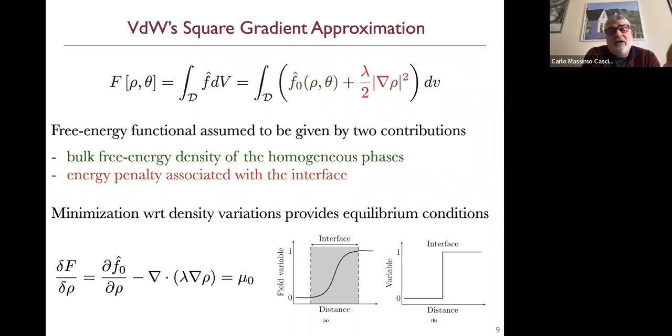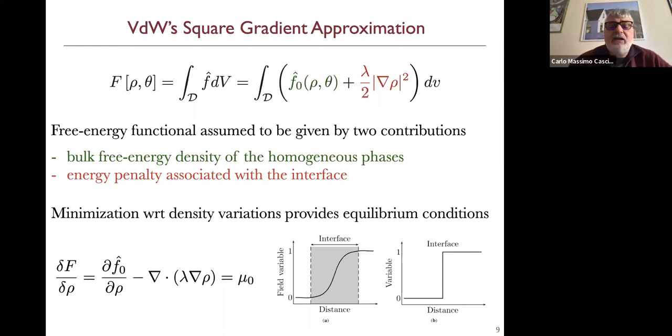In general, this equation is rather complicated to solve, and you need numerical methods and large computers in order to solve it. But in a simplified case in which we consider a one-dimensional system, the solution is easy. It can be obtained by simple quadrature.